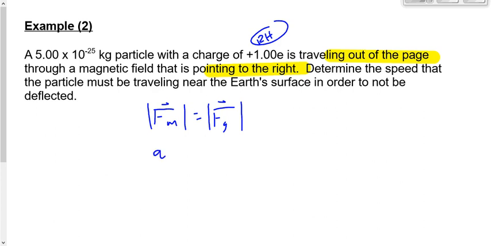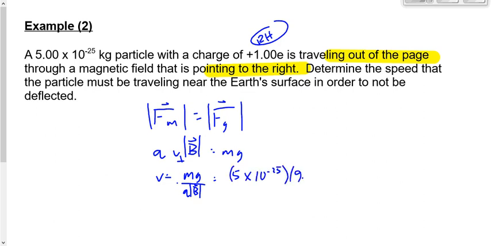We're going to say QVB is equal to m times g, and we're going to rearrange this to solve for v. We get mg over q times b. The mass of the particle is 5 times 10 to the negative 25 times 9.81. The charge here is 1.6 times 10 to the minus 19. It's positive, but even if it was negative, we'd drop the negative. Times the magnetic field.